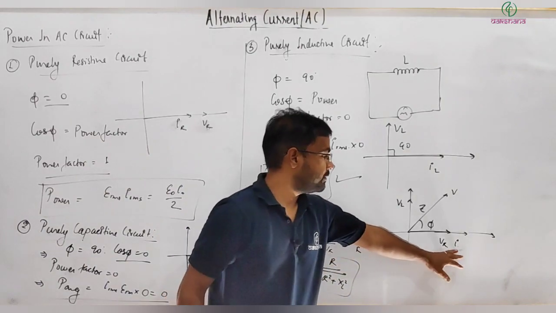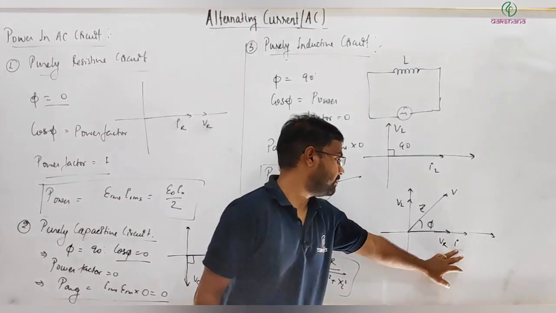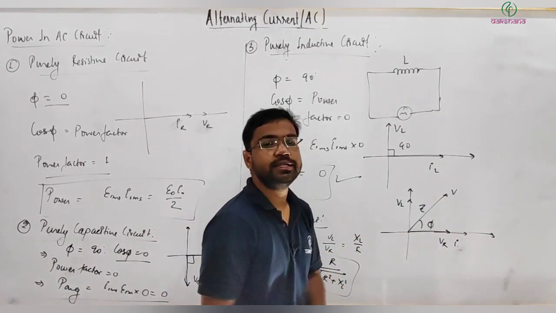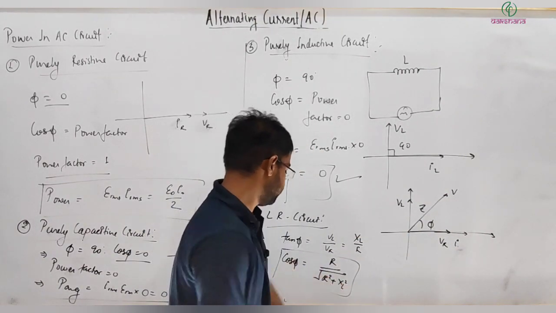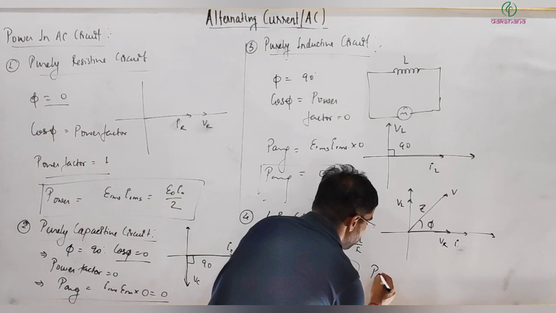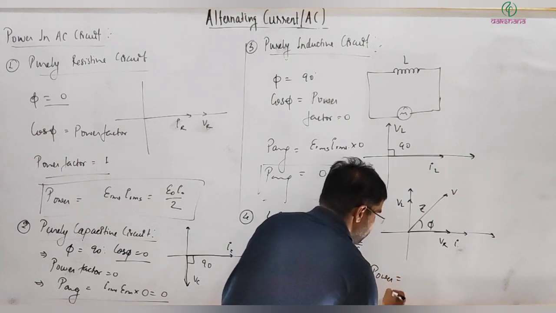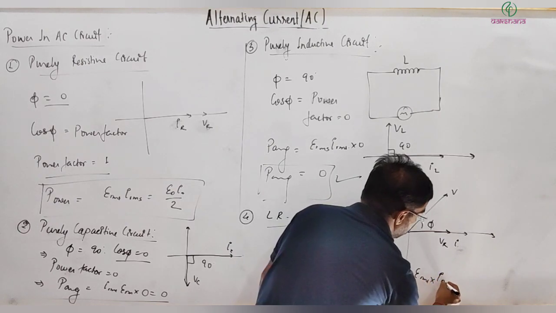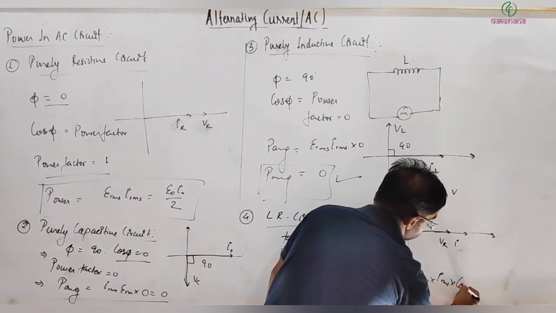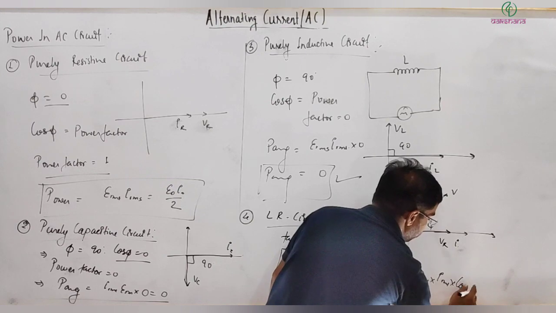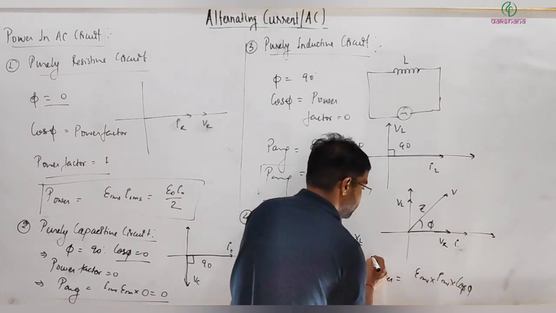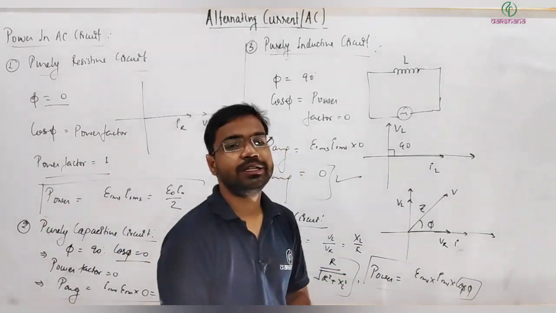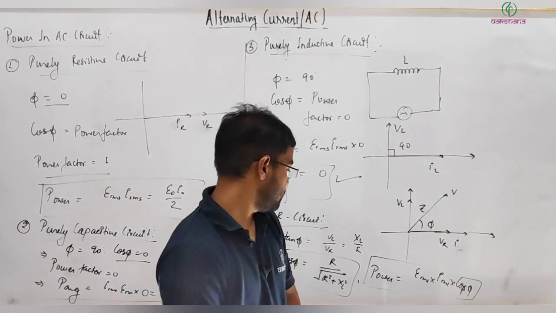Now if I get the peak value or RMS value of the potential drop, then I can write the average power as simply E RMS multiplied by I RMS into cos phi. You can see the power factor cos phi is not 0, so definitely in this element there will be power consumed. Is it?